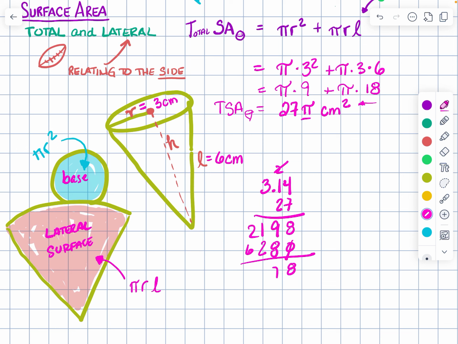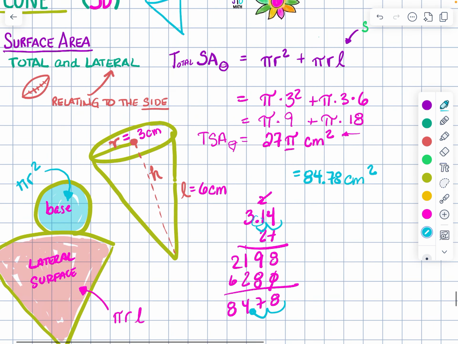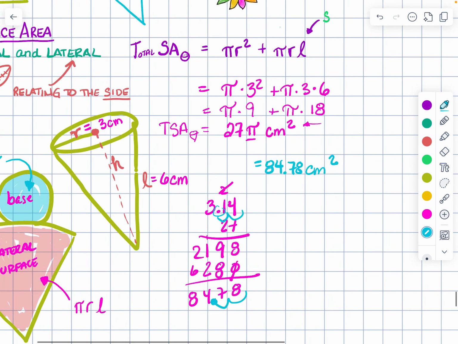So we have 8, 17, 2, 3, 4, and 8. And let's not forget our decimal, 1, 2. So we have 84.78 centimeters squared.